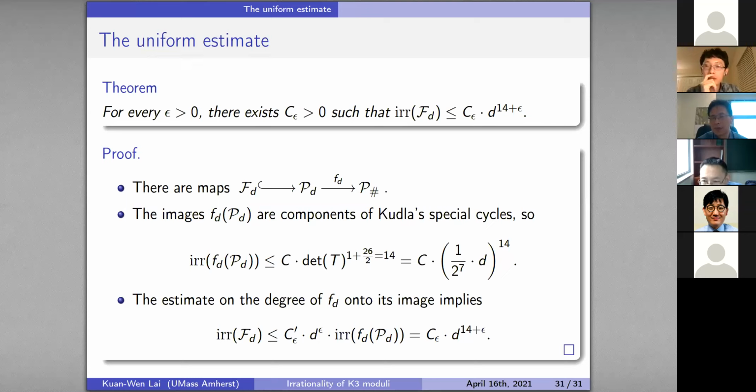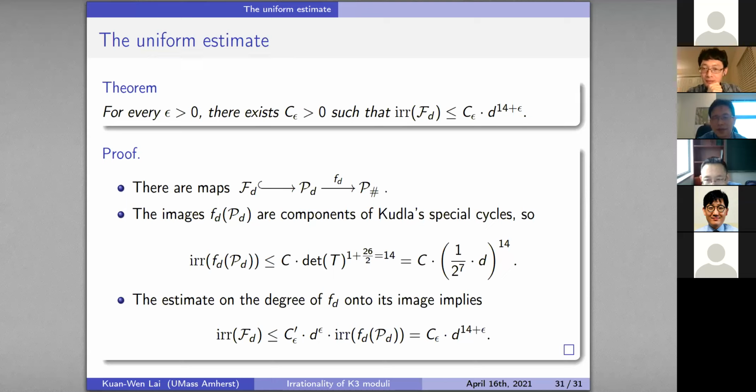I don't really know, but my feeling is it should be some polynomial, though I'm not really sure. Okay, so for the upper bound, the 14, you think it's not optimal? We don't really know if it is optimal. Yeah, that's the thing.